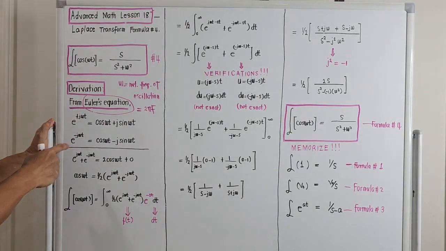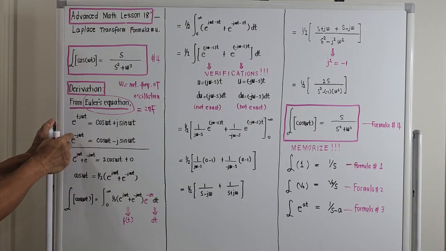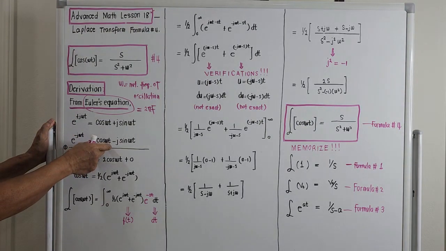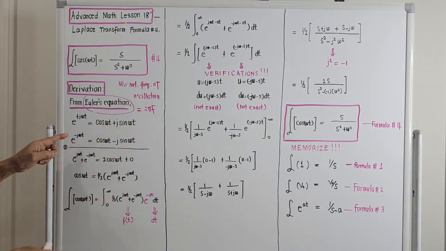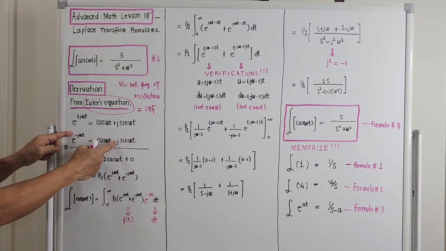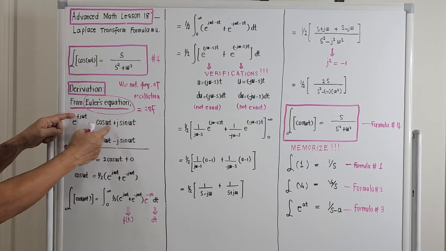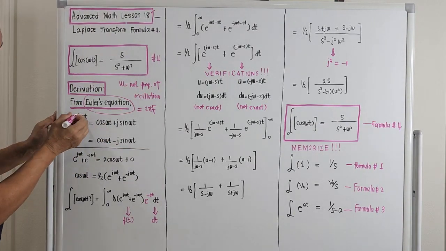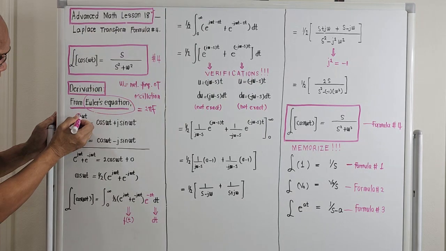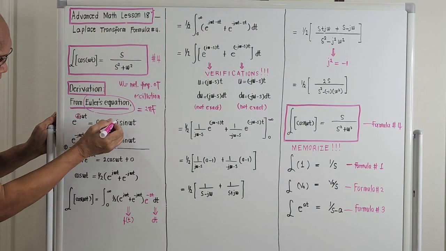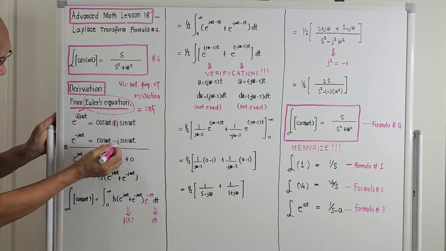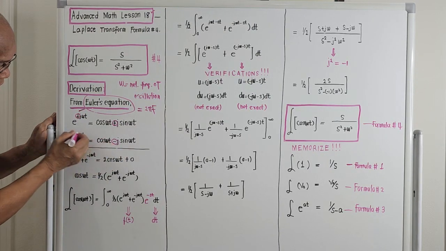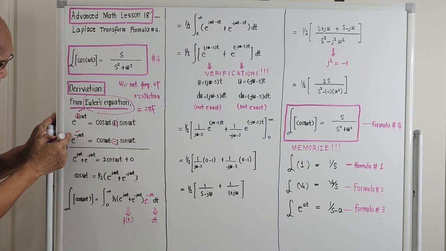And e raised to negative j omega t, the first one is plus, this should be cosine of omega t minus j sine of omega t. Meaning, if this is minus, this should be minus. If this is plus, this should be plus. So this plus here emanates from this, and this minus here emanates from this.